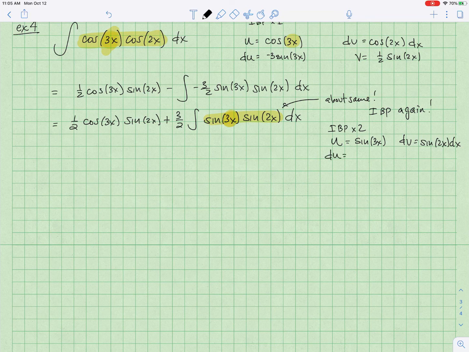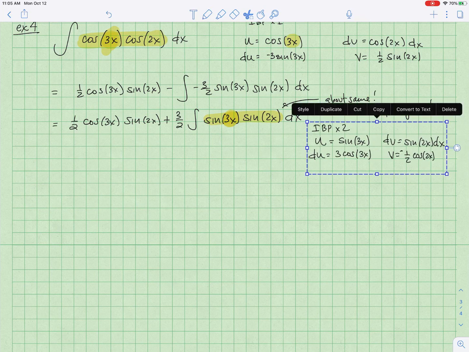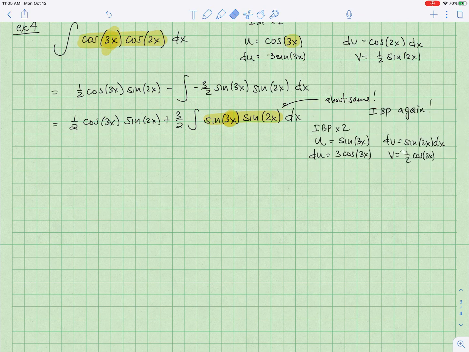So du is 3 cosine 3x, and v is negative 1/2 cosine 2x. I'm kind of running out of room there. Let me move this over just a little bit. It's getting kind of crowded.